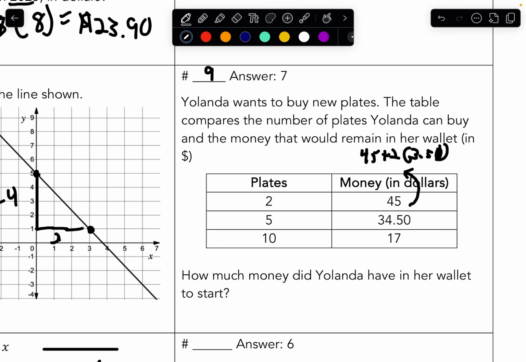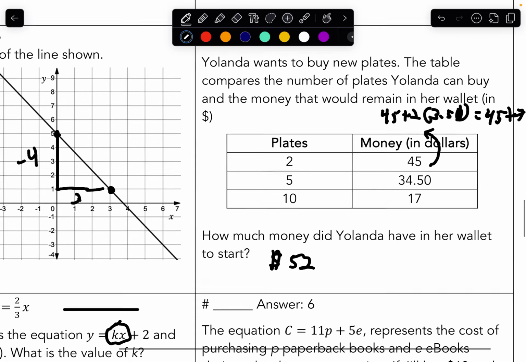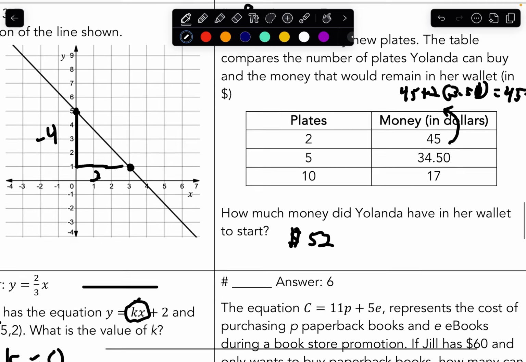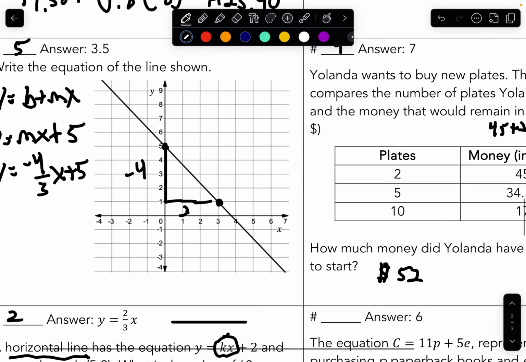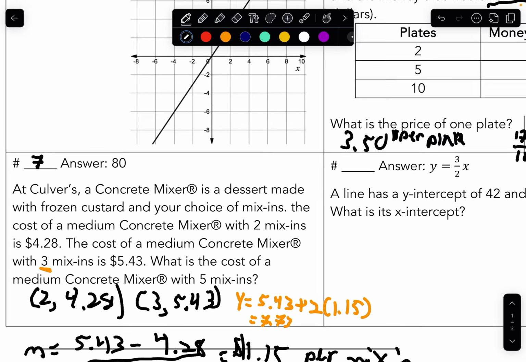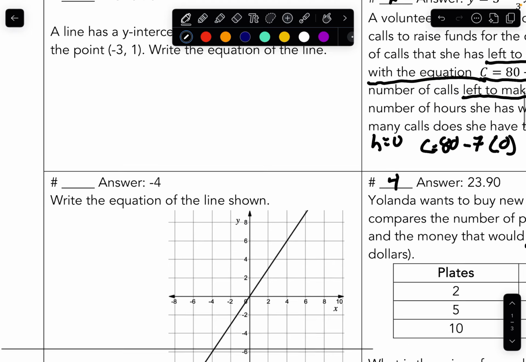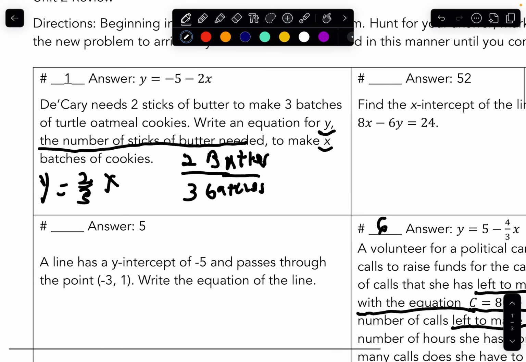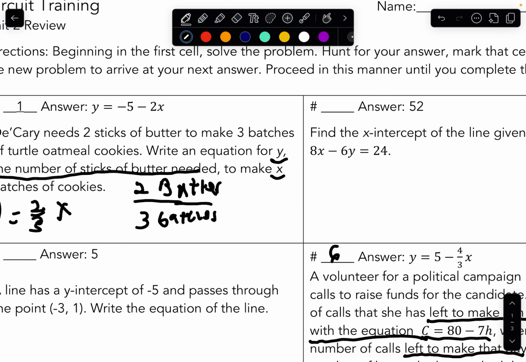And that's 45 plus 7, which is $52. Yep, $52. So we're looking for 52 as an answer. Oh, right here, all the way up at the top right corner.